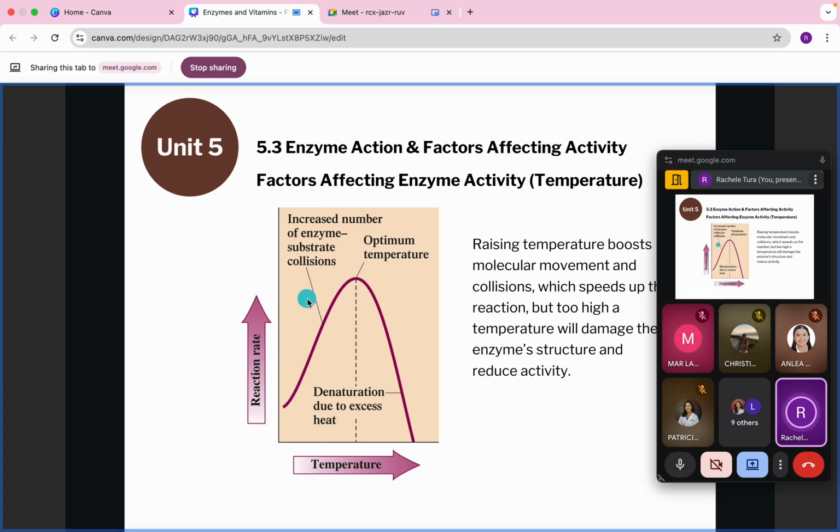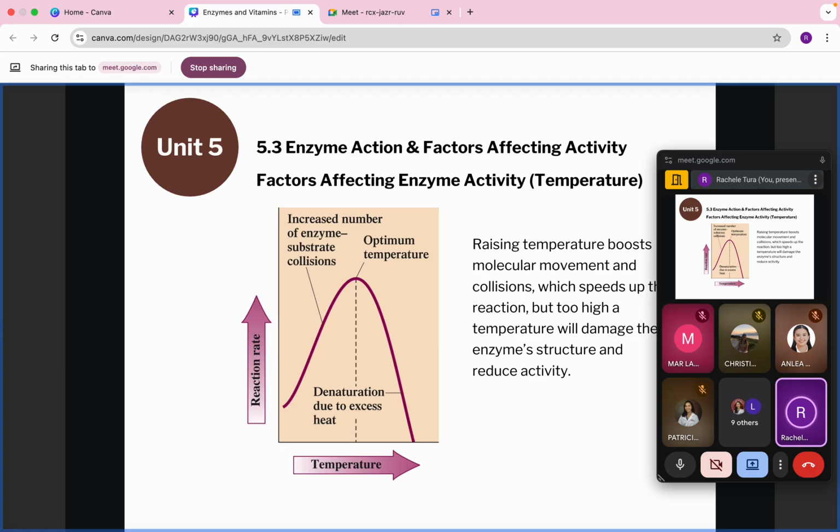When the temperature increases, both the enzyme and the substrate, our reactants, what happens when there's a high temperature? When you increase the temperature, they move faster and bump into each other more often.